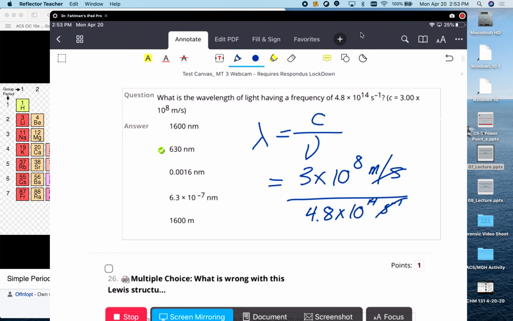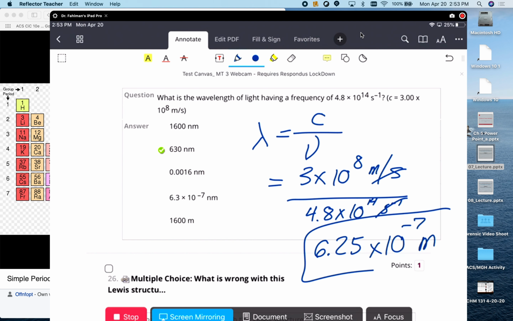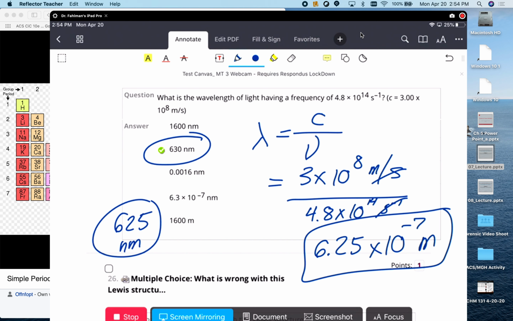Okay, and you end up with 3e to the 8th divided by 4.8e to the 14. So that's 6.25 times 10 to the minus 7 meters, okay, or really 625 nanometers.